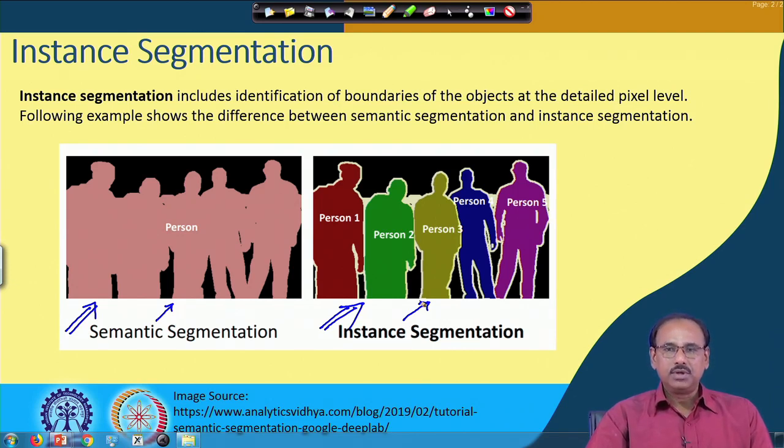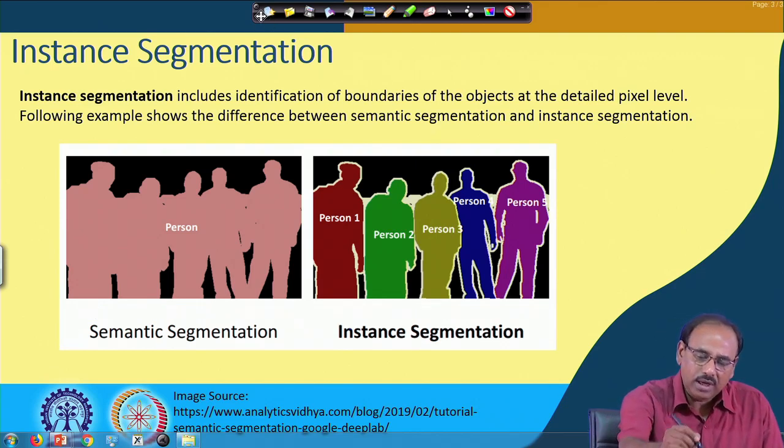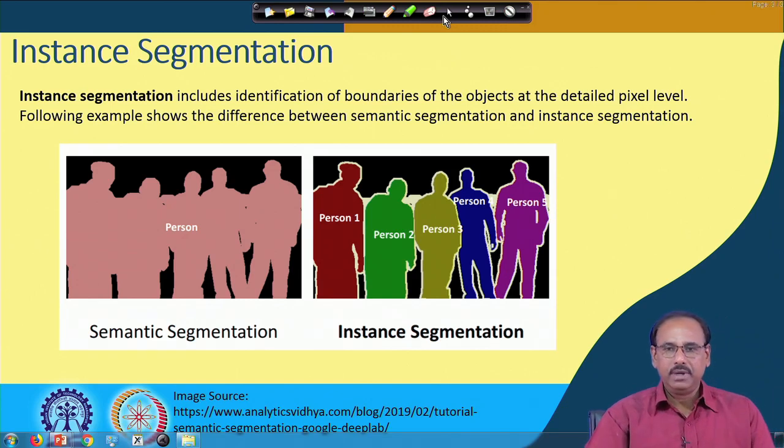So, this is the difference between semantic segmentation and instance segmentation. In today's lecture, and maybe in the next lecture as well, we will talk about the semantic segmentation problem, and we will see how it can be solved using deep neural networks.